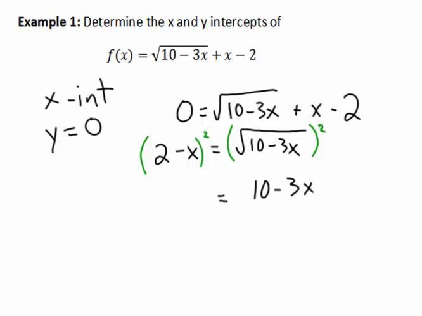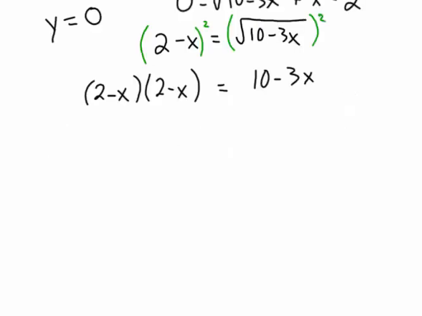And on the other side, we have 2 minus x times 2 minus x. Remember, squaring a binomial means we multiply it by itself. If we were to expand this binomial out, we would get 4 minus 4x plus x squared. And of course, we still have 10 minus 3x.